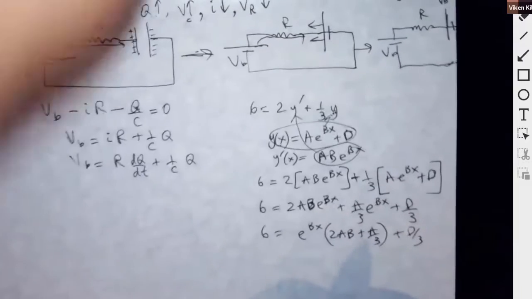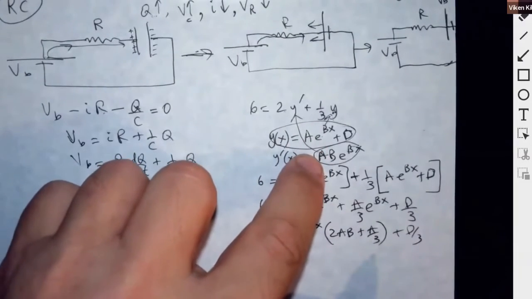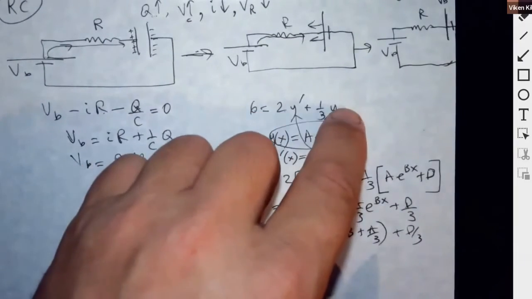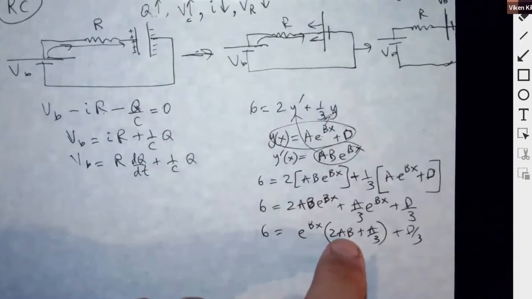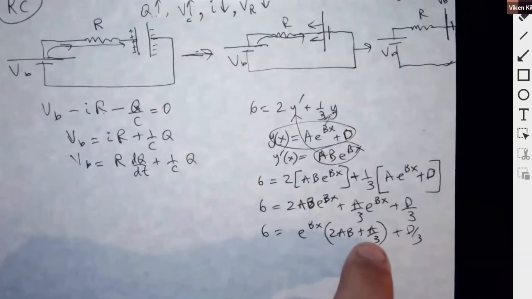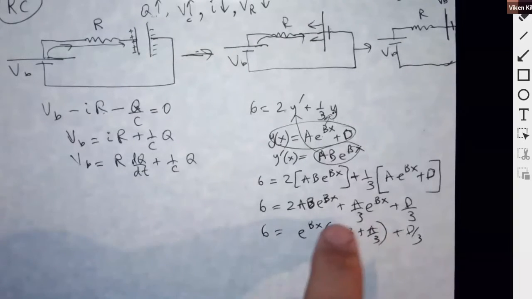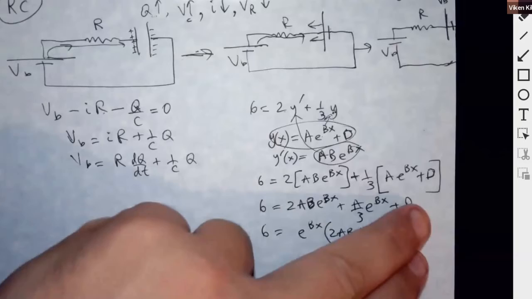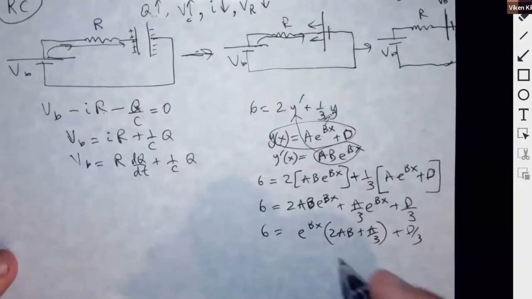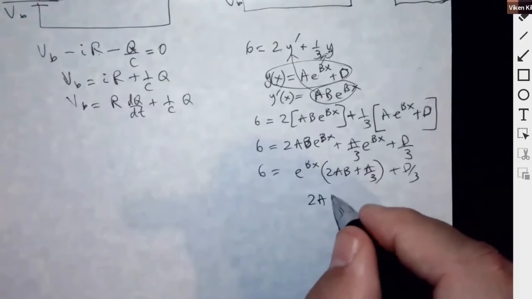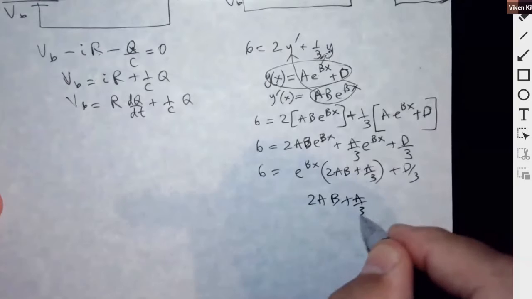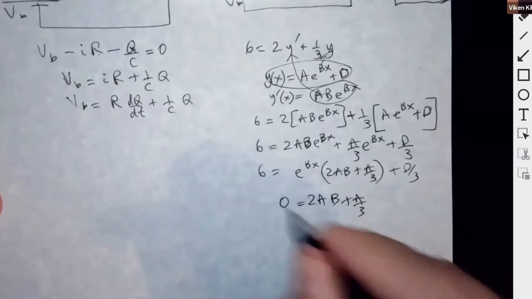So in other words, in order for this equation to satisfy that particular differential equation, this number in front of the e to the bx should be 0, right? So that this side should equal that. So the 2ab plus a/3 should equal 0.